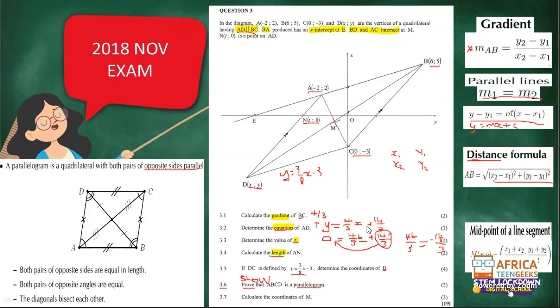Okay, so only after you prove that it's a parallelogram, then you can use that. So remember, you don't have to show everything, you can just choose one thing that you want to prove. For example, let's go.